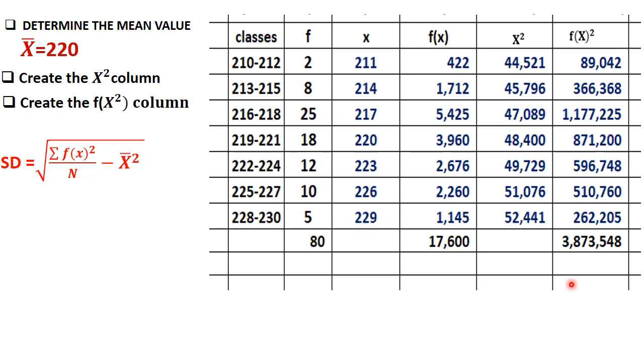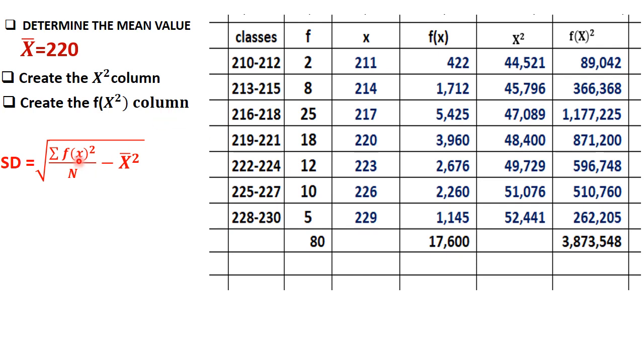Another important thing I need to mention, if you know this formula offhand, anytime you're studying over a question, the figures that you have in the formula should suggest the kind of columns that you anticipate to add to your table. For example, in this formula we have f of x squared. What does that mean? At least we'll need an x. That is the x column.